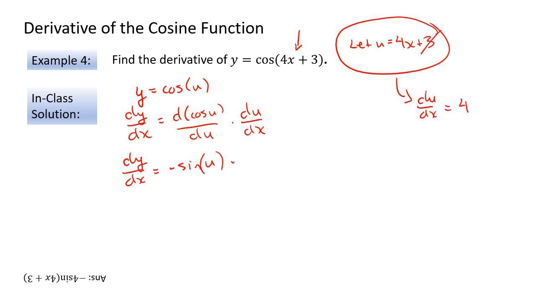Because the derivative of a constant is 0, and the derivative of 4x is simply 4. So this just becomes 4. So now substituting the value of u in and simplifying, dy by dx is simply equal to negative 4 sine of 4x plus 3. Okay, so identical in how we approach this as the sine function, okay? Just a different derivative formula to know.